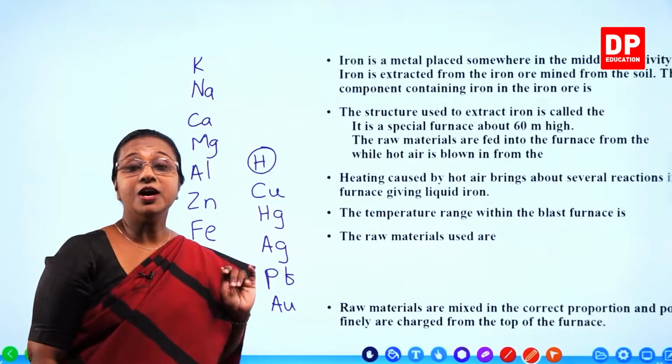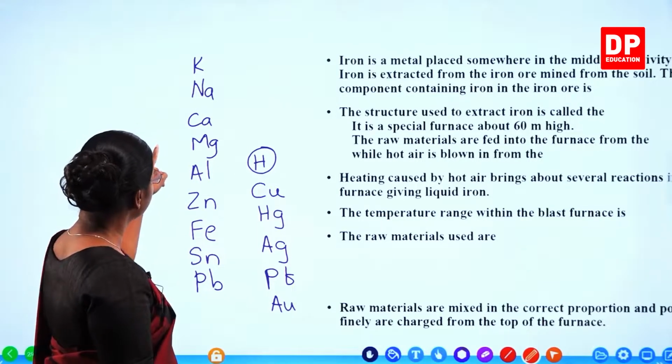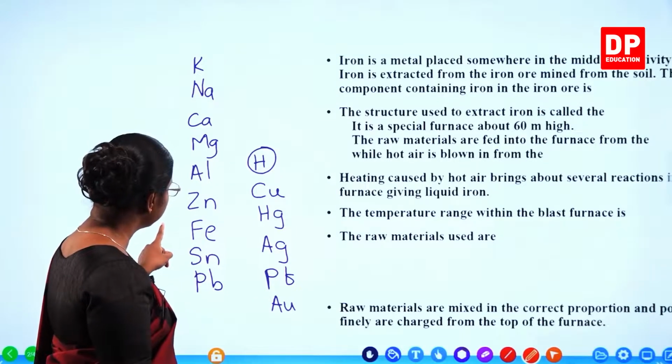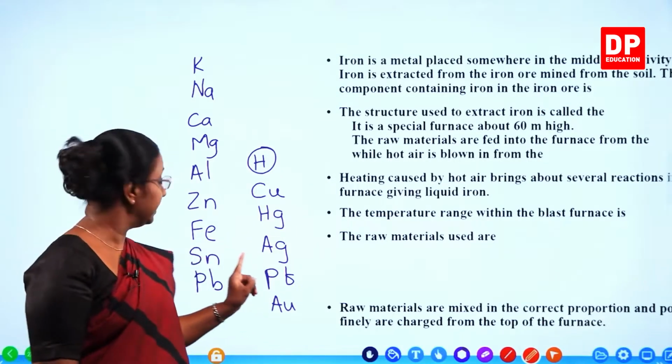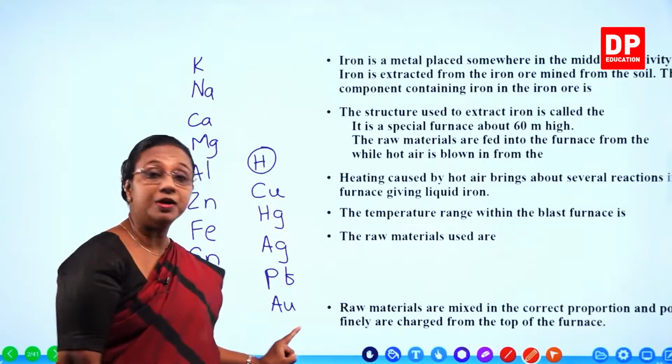So that is the order of metals in the activity series. Potassium, sodium, calcium, magnesium, aluminium, zinc, iron, tin, lead, hydrogen, copper, mercury, silver, platinum, gold.